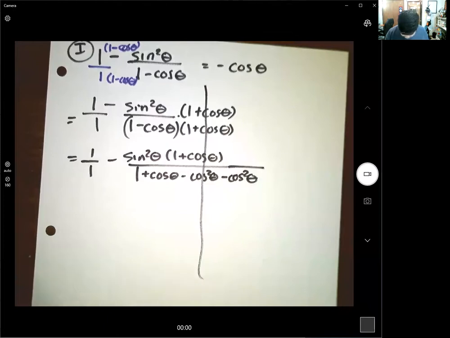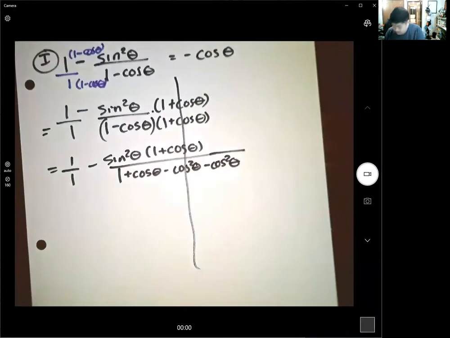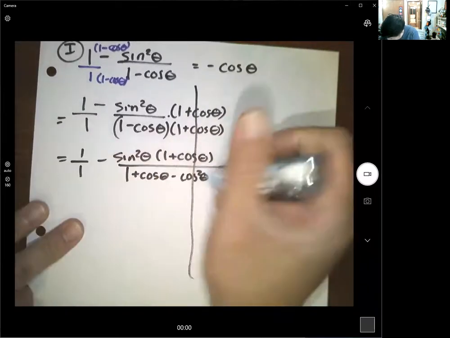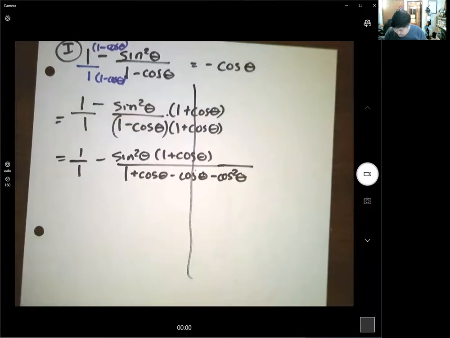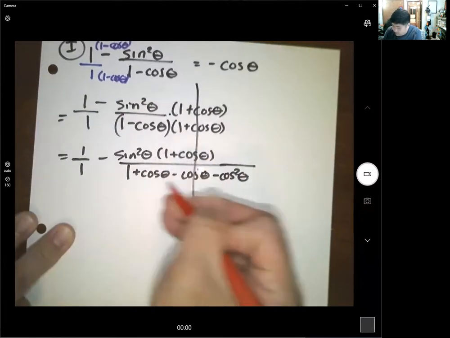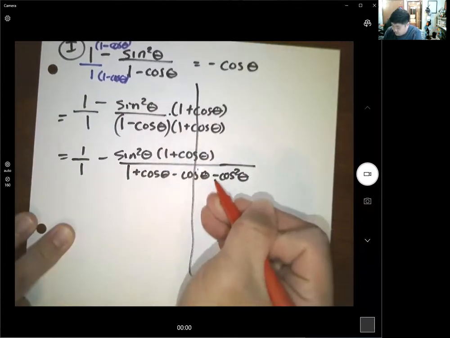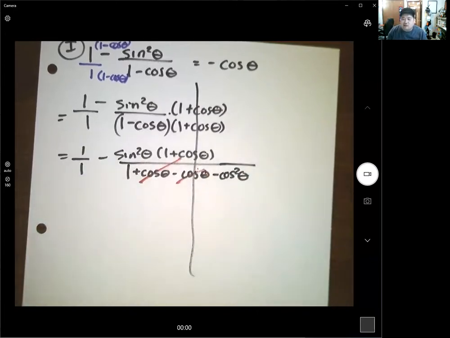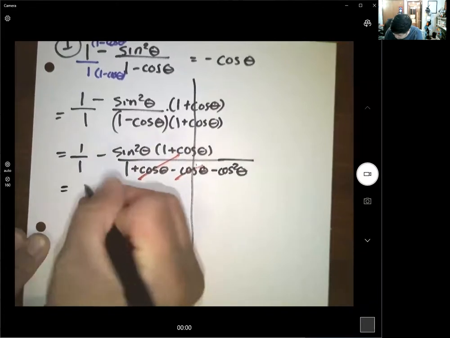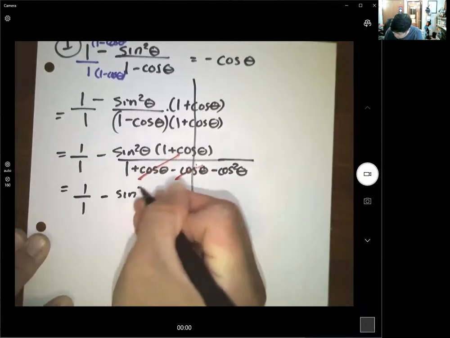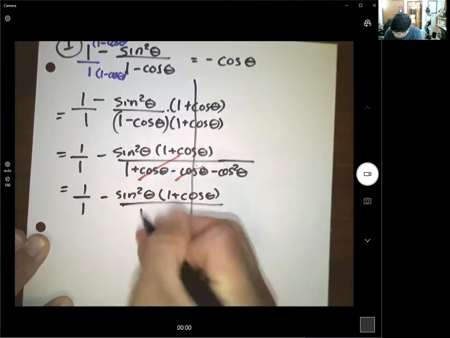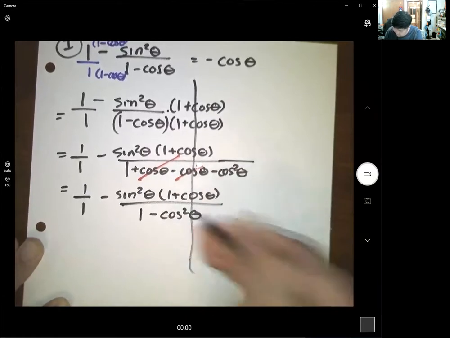Sorry, the cosine, not cosine squared. So the cosine of theta's zero out, and I'm left in the denominator with 1 minus cosine squared theta.